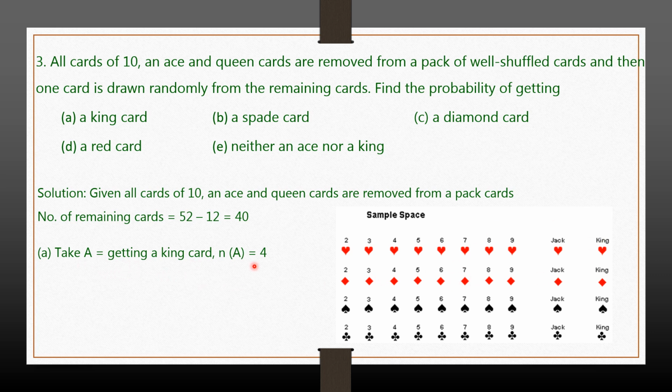In the remaining cards, how many kings are there? There are 4 kings. All these 4 cards are favorable to A. So n of A is equal to 4. Therefore P of A is n of A by n of S, it is 4 by 40. You will get 1 by 10.